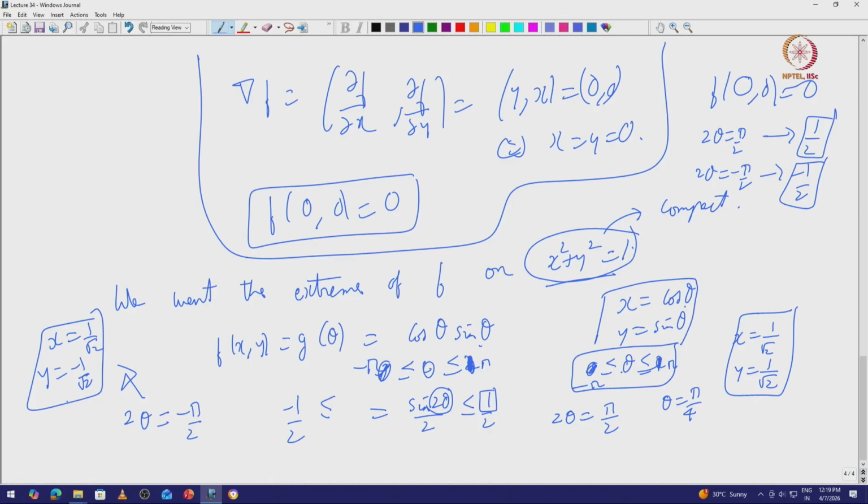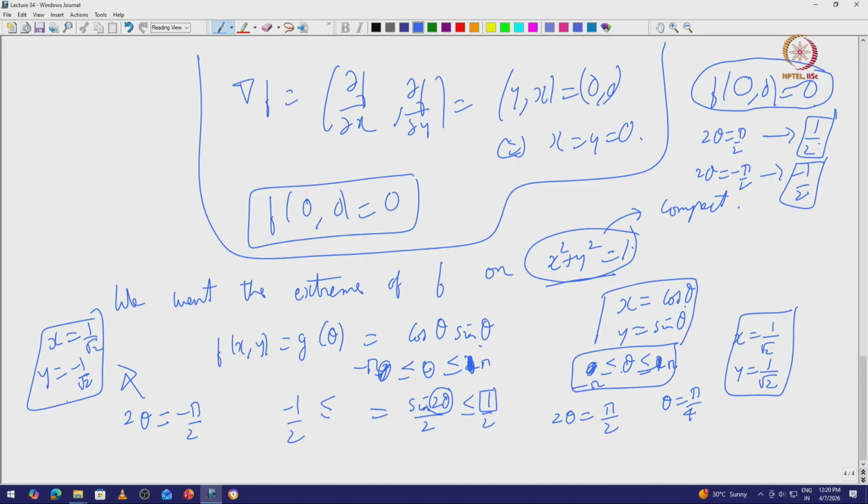But the bottom line is, the maximum possible value of f on this domain is half, the minimum possible value of f is minus half, and the maximum can be attained at multiple points, the minimum can be attained at multiple points as well, right? What is important to note is that the place where the gradient is 0 is only a local extremum and it doesn't play a role while computing the global extrema, right?